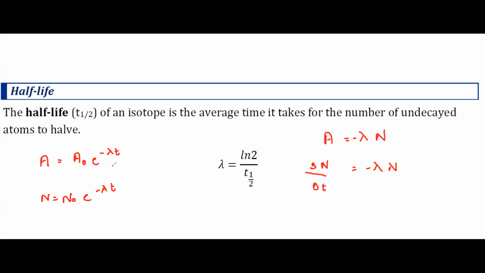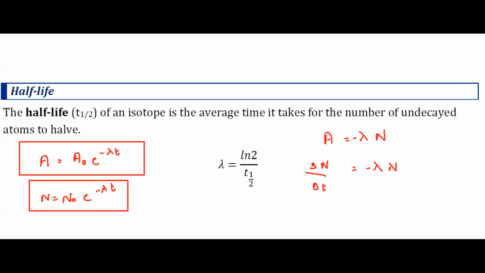This is the equation for activity. Activity after a certain time interval equals the original activity multiplied by e raised to power minus lambda t. And same thing, the number of radioactive nuclei present after a certain time interval is N, and N naught is the original number.